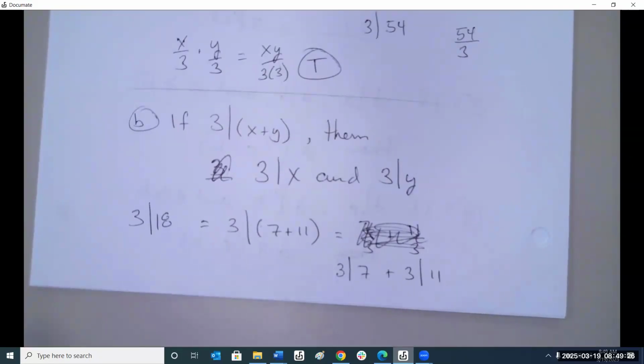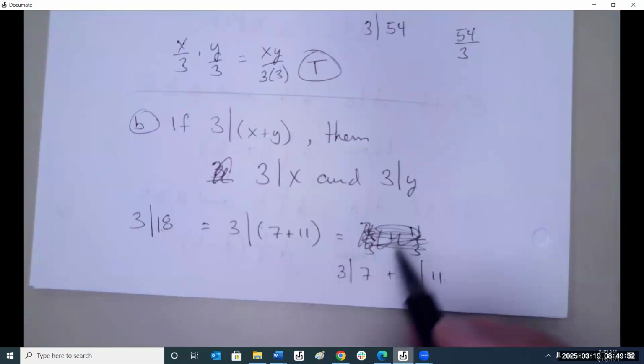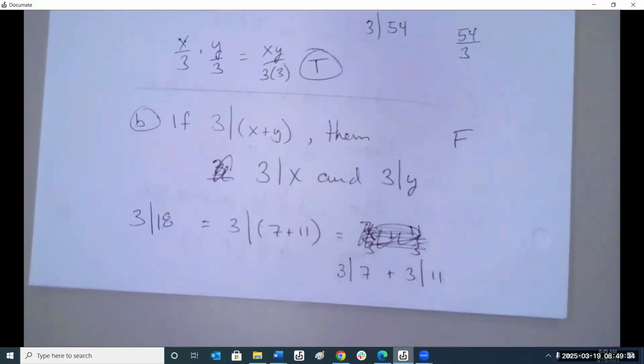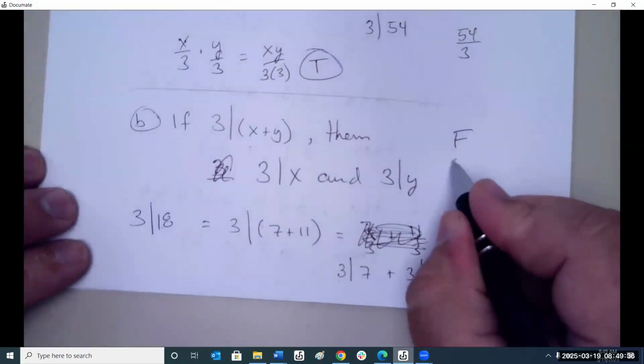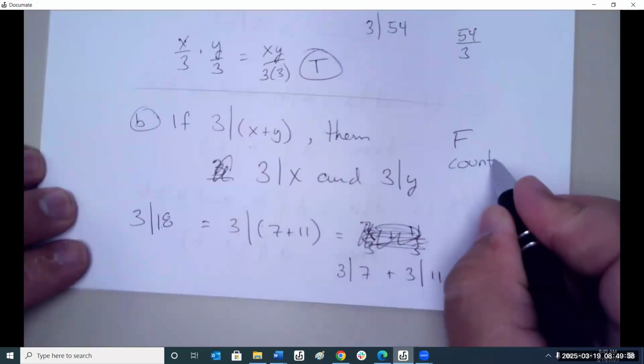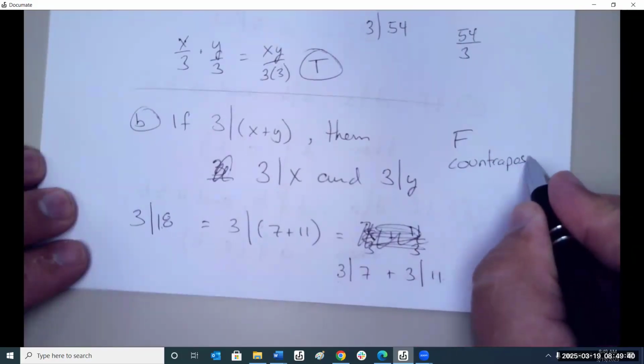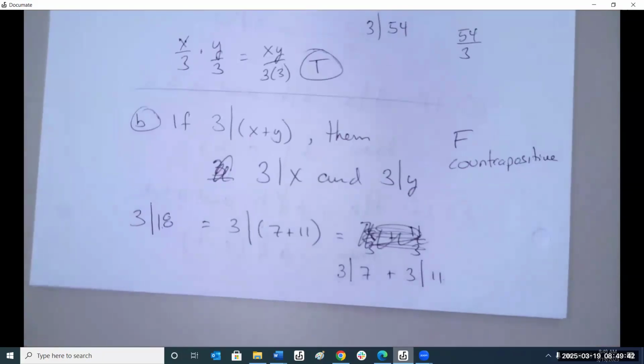Does 3 go into 7? No. Does 3 go into 11? No. But it goes into 18, so that's false. This is called a contrapositive. If you can find me one example in which it's not true, then the whole thing is false.